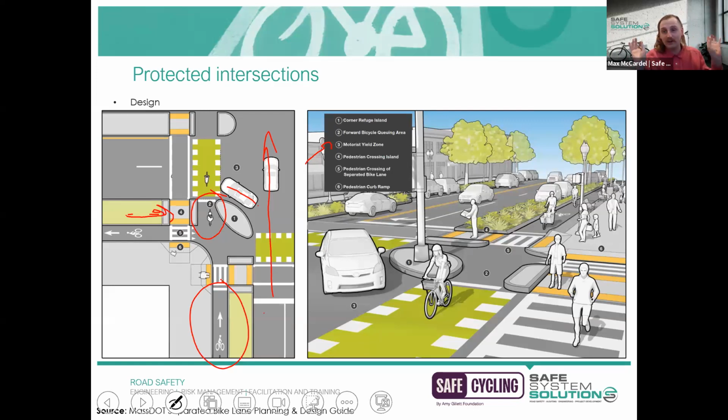So not to just create one shared crossing point for pedestrians and cyclists, because inevitably you'll have faster traveling cyclists that will have to weave in and out of pedestrians, which is uncomfortable for pedestrians and cyclists. So just creating those two separate facilities at the intersections is another good bit of knowledge there.